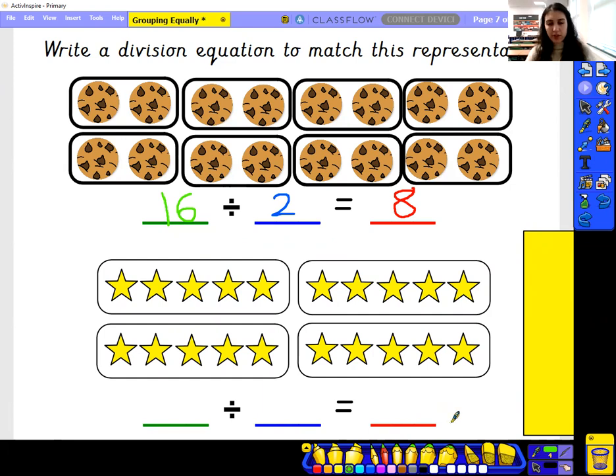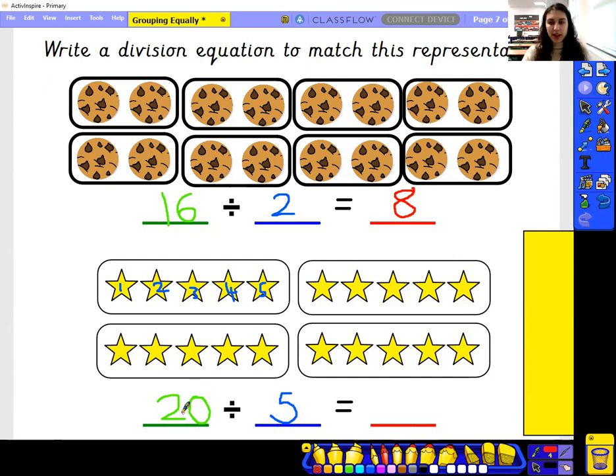Lovely, well done for having a go. Let's go through the answers. So I can see that I've got 5, 10, 15, 20 stars all together. So that's what I'm starting with, 20 stars all together. And I am dividing into groups of, well, how many stars have I got in each group? That's right, I've got 5. So I've divided them into groups of 5.